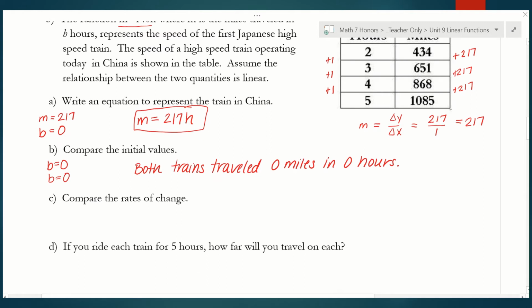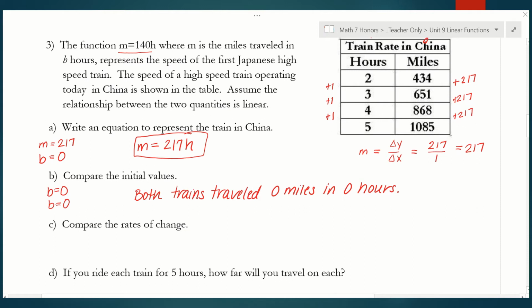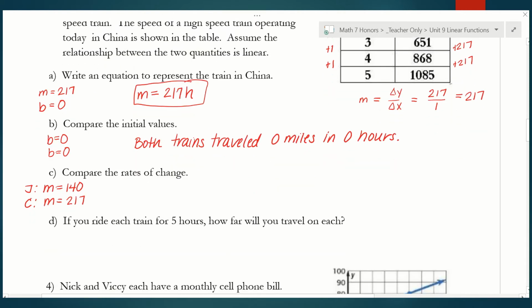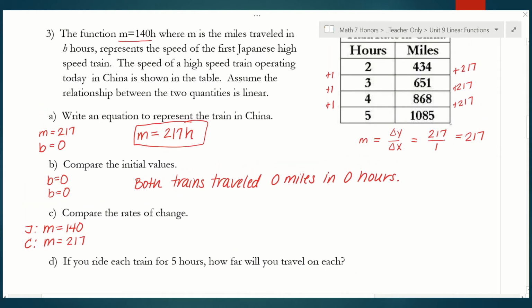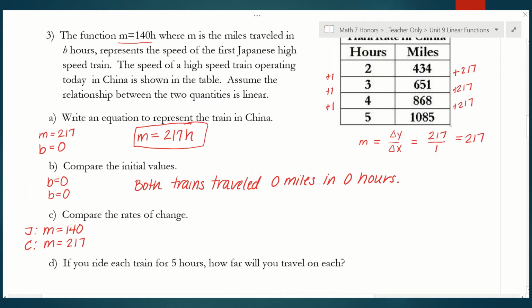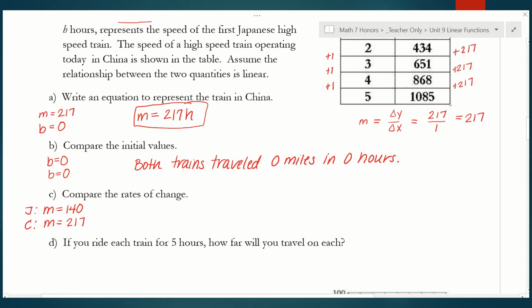So comparing the rates of change. Okay, so the rate of change for the Japanese train was 140. For the Chinese train, we found that it was 217. So remember, the rate of change in this situation is how many miles per hour are they traveling? And so we can say the Chinese train travels faster than the Japanese train.